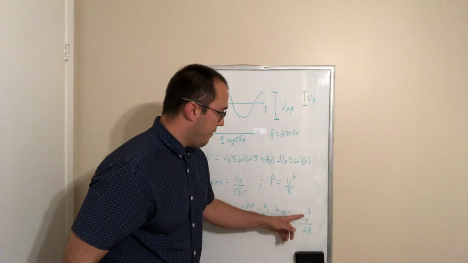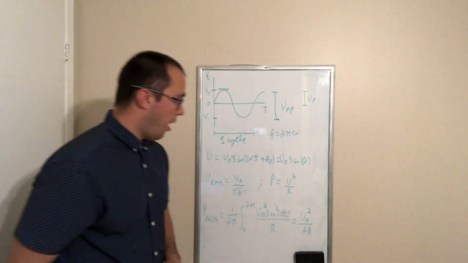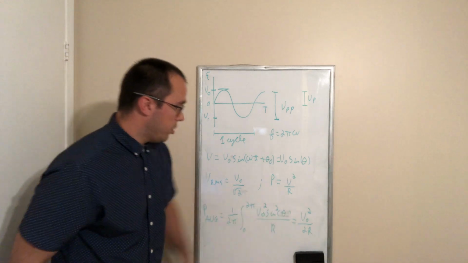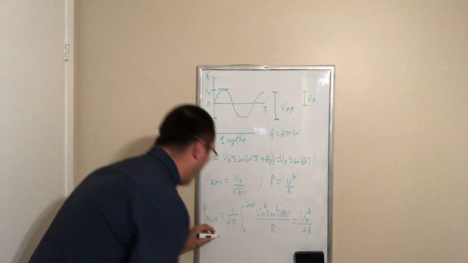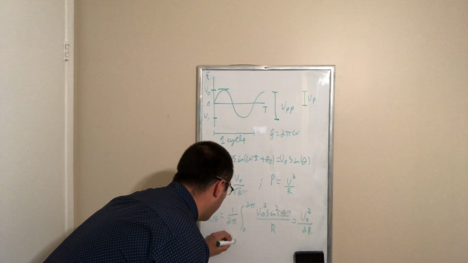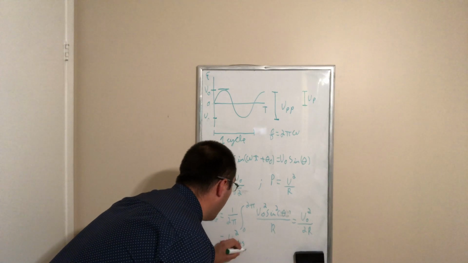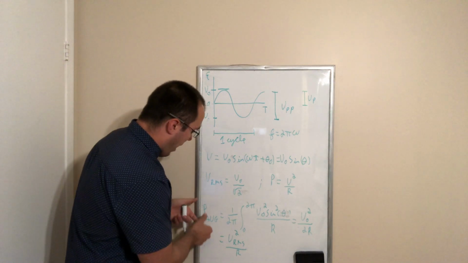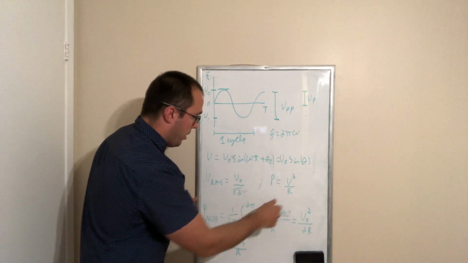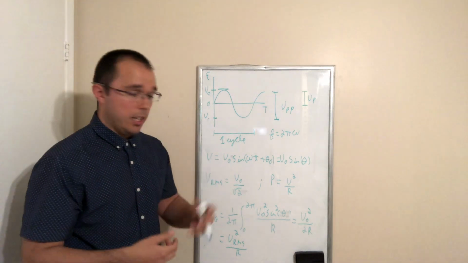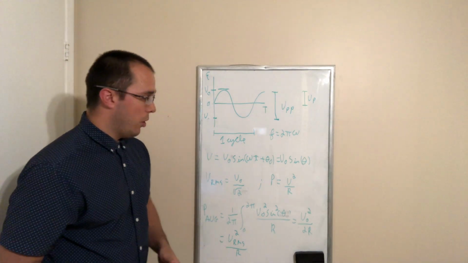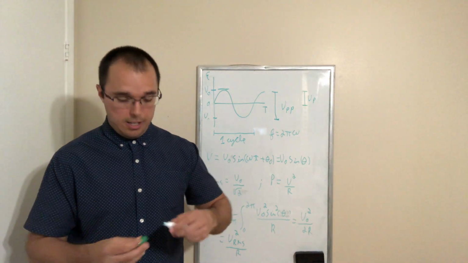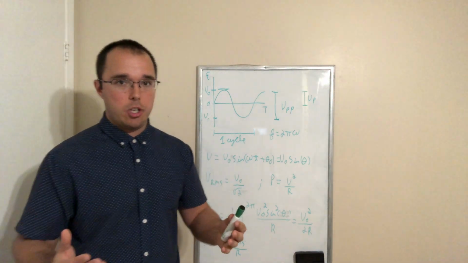And we end up with V0 squared divided by 2R. Now note, the power is equal to V0 squared divided by 2R, or the voltage RMS squared divided by R. So the average power of an alternating current can be found using the voltage RMS using the same formula as we derived in the Ohm's law. So it's a nice simplification, all right?